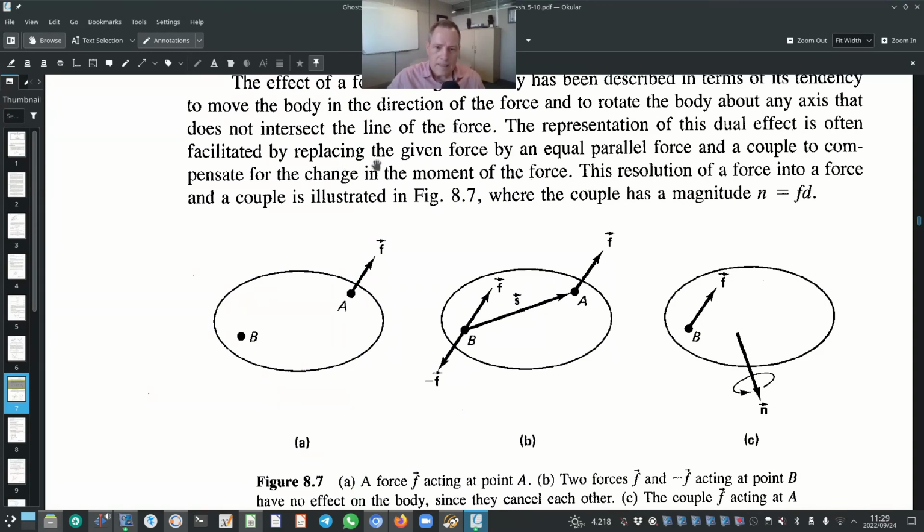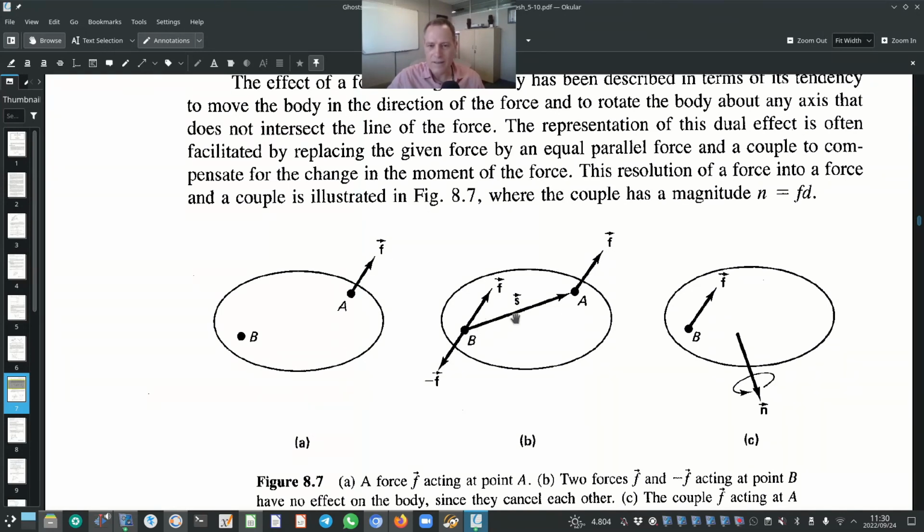Replacing the given force in figure 8.7a, there's the force F acting at point A. We replace that force by an equal parallel force and a couple to compensate for the change in the moment of the force. So there was the original force. We replaced it with an equal parallel force at position B. The couple is a result of the minus of that force and the original force.